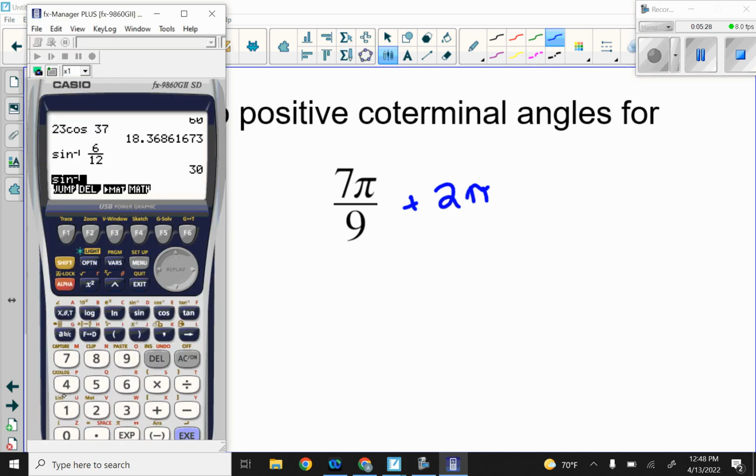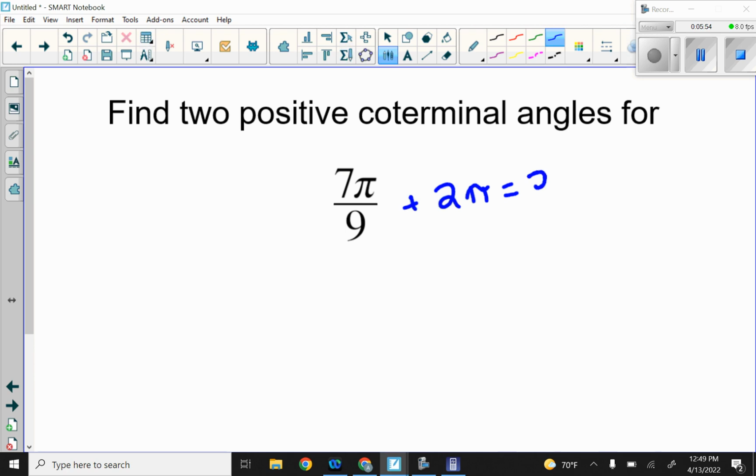So how I would do that in my calculator: fraction 7/9 plus 2 would equal 25 pi over 9. So that is one positive coterminal angle.